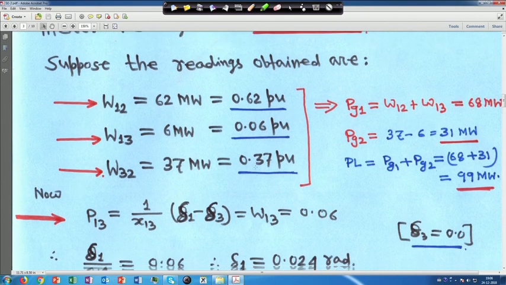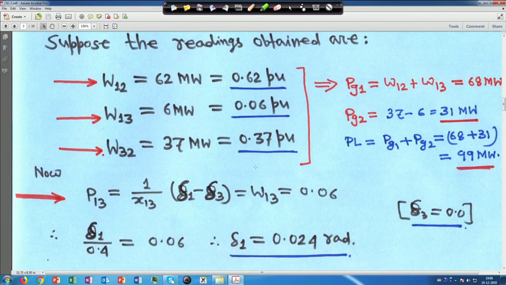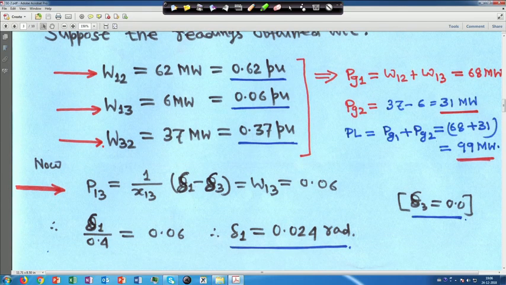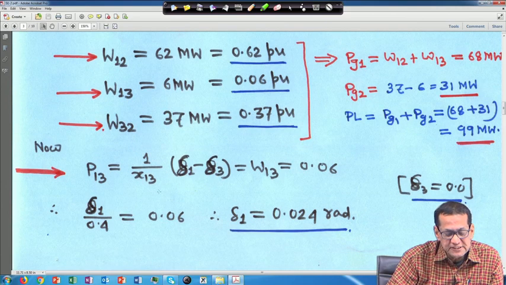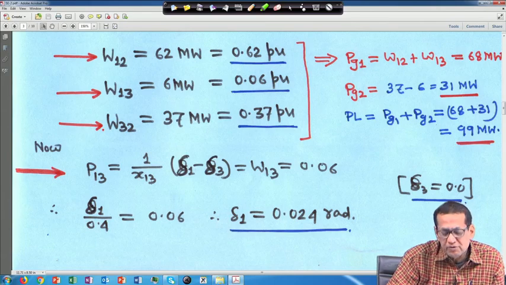Now, P13 is equal to 1 upon x13 times delta 1 minus delta 3, which is nothing but W13, so it is equal to 0.06, right, because the meter placed on line 13 reads 0.06. From here you will get delta 1 divided by 0.4 equal to 0.06, because x13 is 0.4.